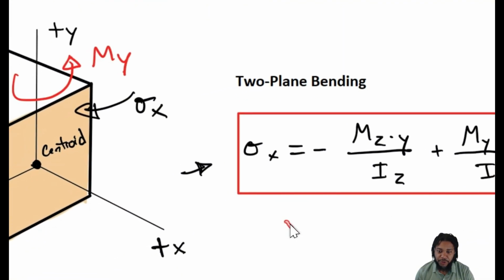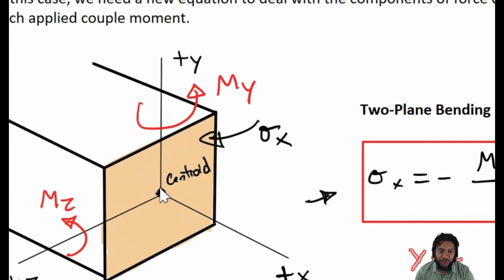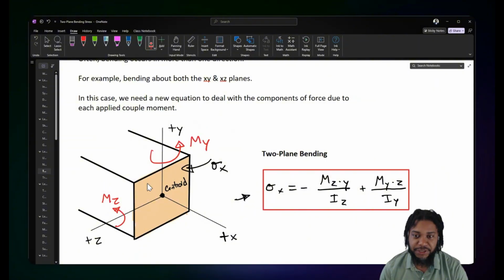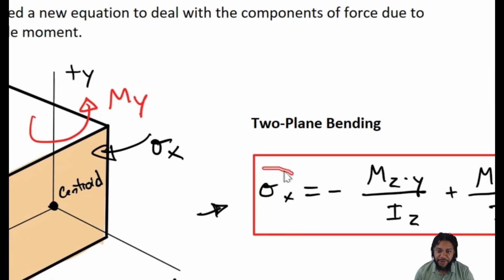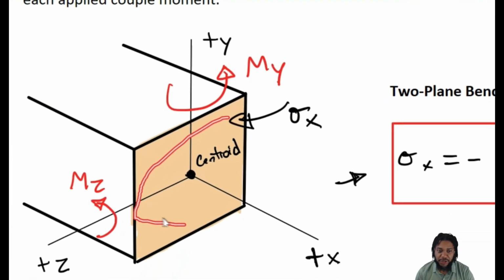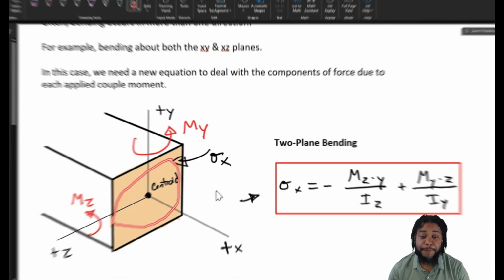If we know our coordinates y and z on our cross-section, so if we know the location where we want to calculate stress, we input it and we find the value of normal bending stress anywhere on the cross-section, right?